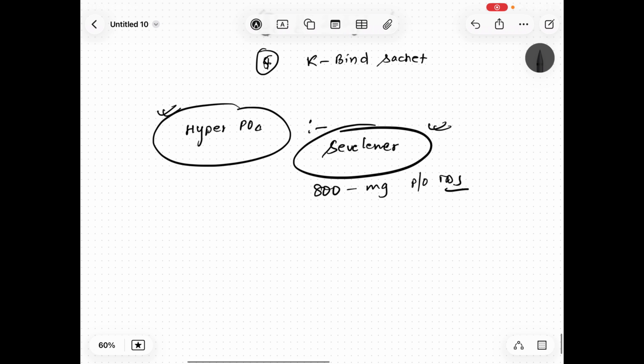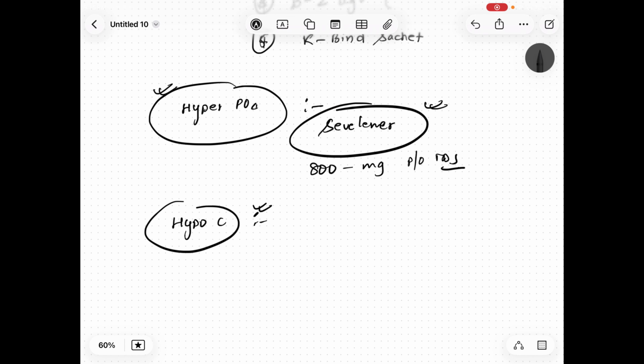Next is how to manage hypocalcemia. If symptomatic, treat with 10% calcium gluconate IV over 10 minutes. The thing we have to note is that before correcting hypocalcemia, we have to treat hyperphosphatemia first.